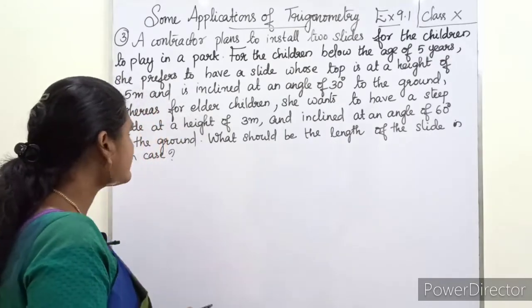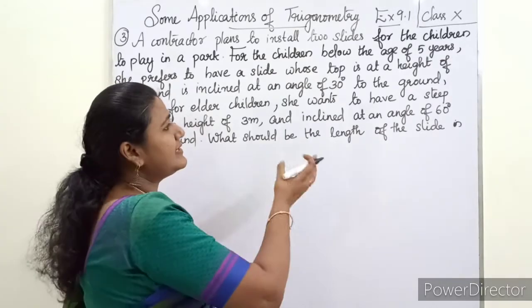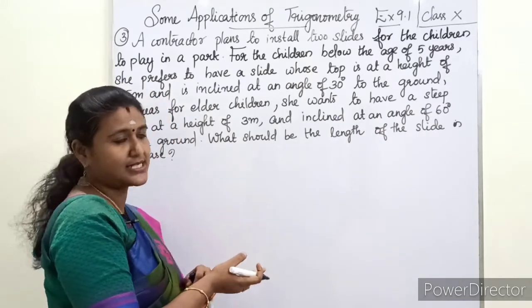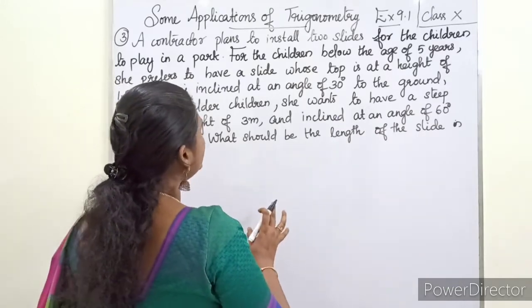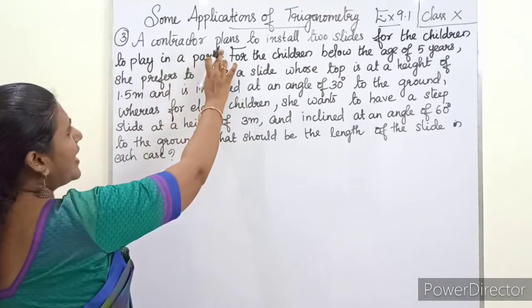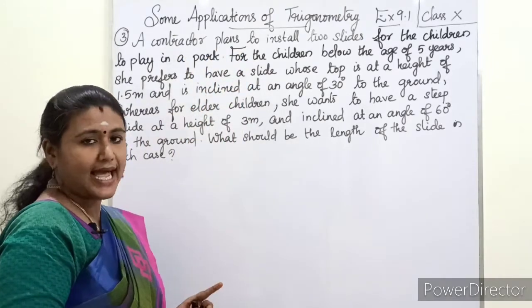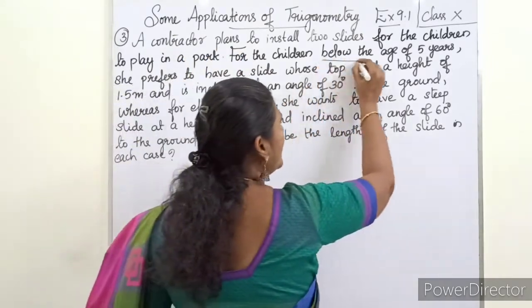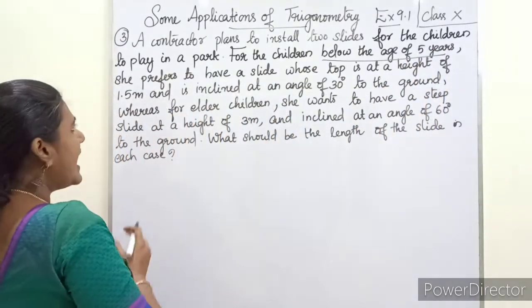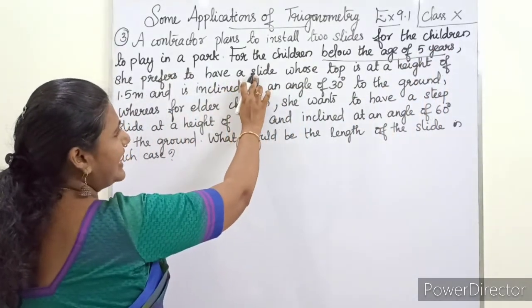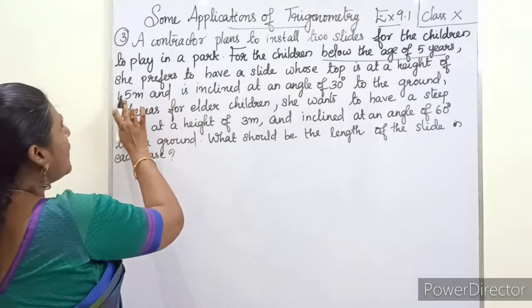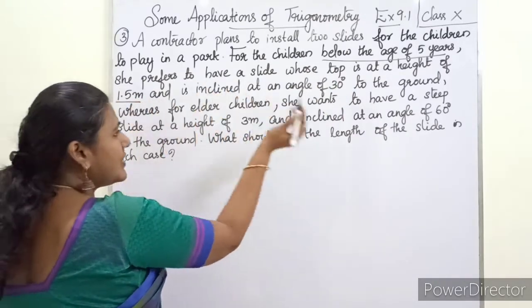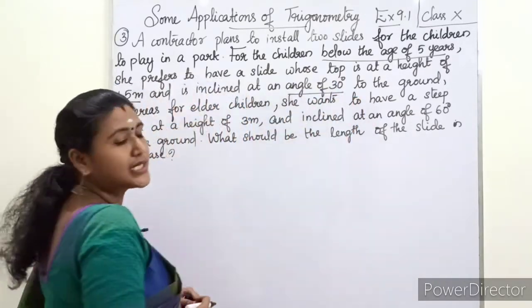So here, in this question, we have 2 situations. In the first situation, the contractor plans to install 2 slides, one for children below the age of 5 years, and she wants to have the slide at a height of 1.5 meter from the ground at an angle of 30 degree.